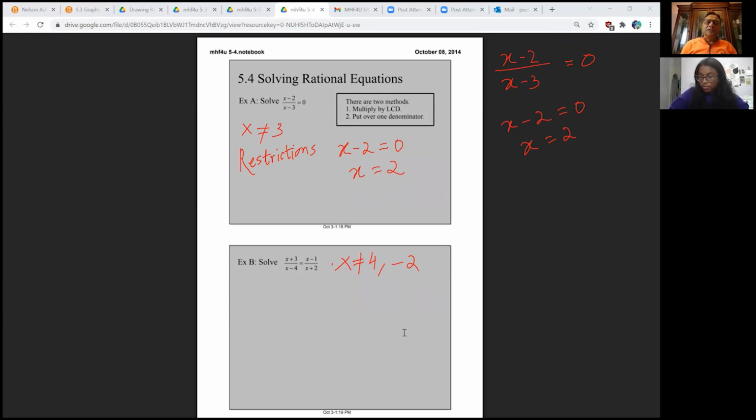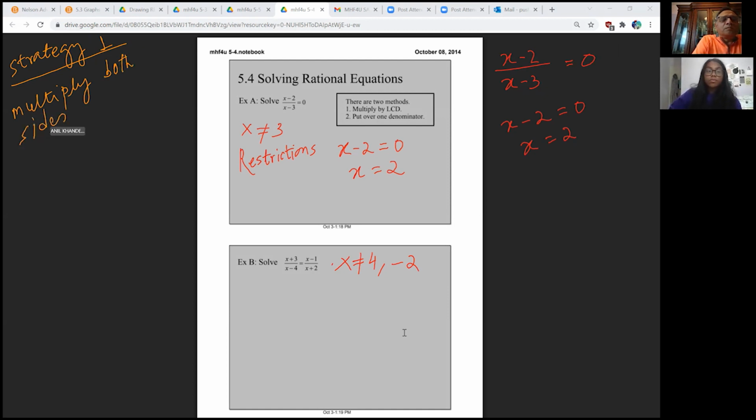Now, this is an equation, and therefore, you can multiply both sides by the same terms to get rid of the denominator. That could be one of our strategies. So we say strategy 1: multiply both sides by the common denominator.